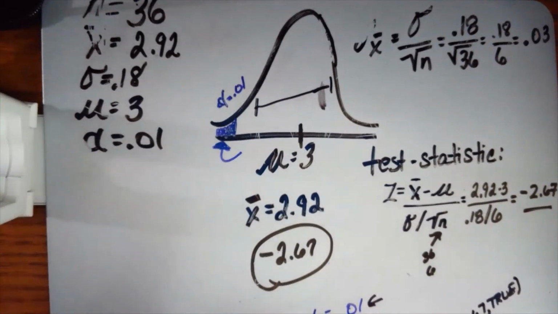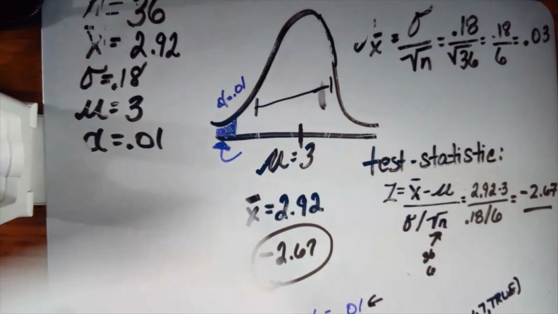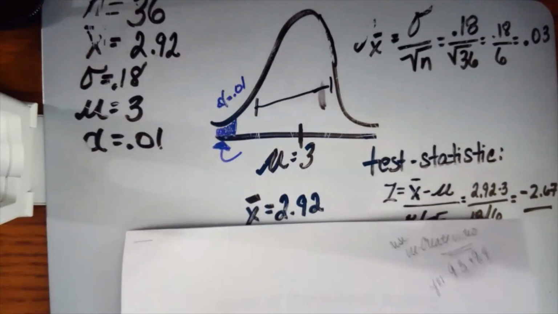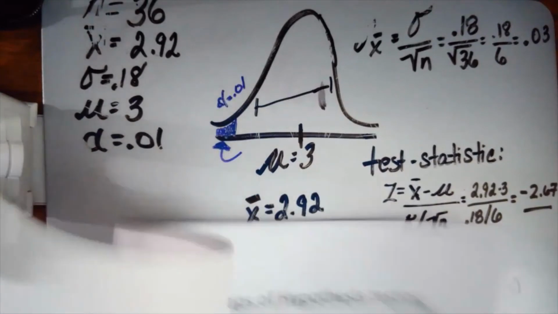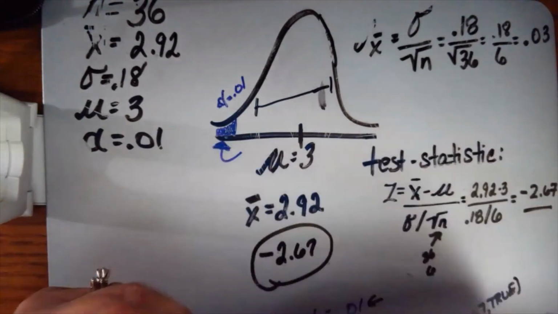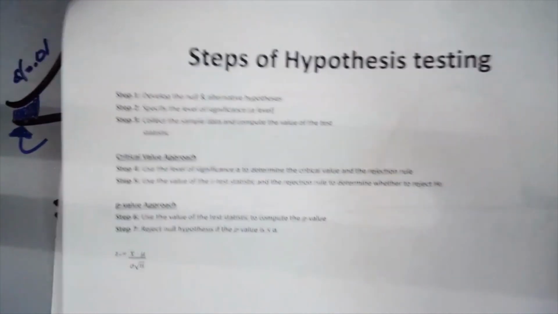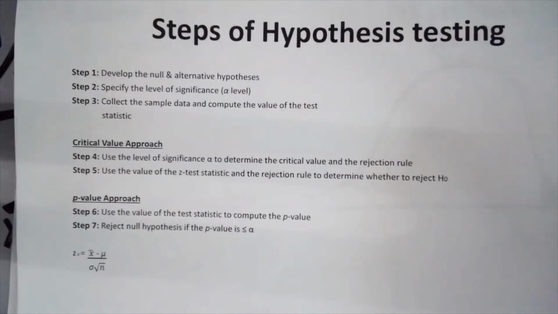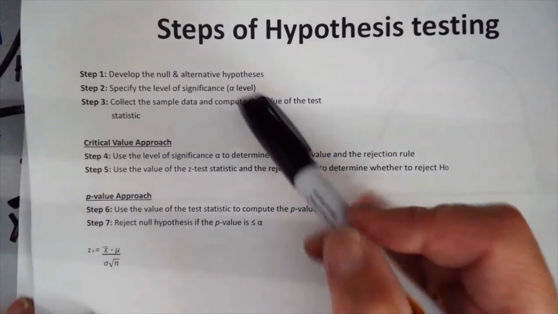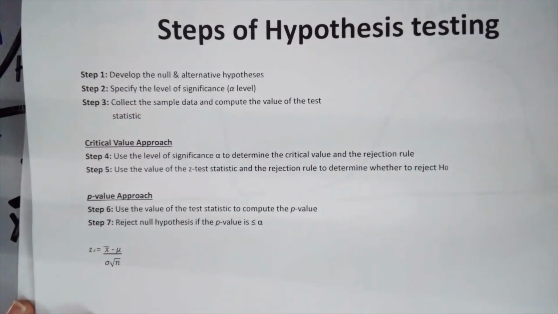Again, our steps that we're going to take: step 1 is that we're going to figure out what our null hypothesis and our alternative hypothesis is. Step 2, we have to set our significance level, our alpha level. Step 3, we collect the data and we compute the value of our test statistic.